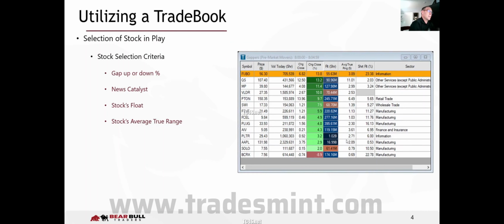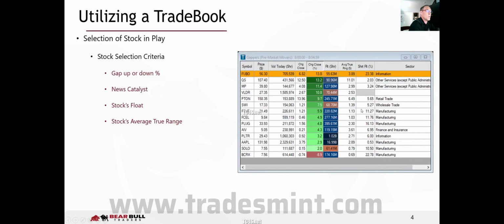What's important about this is that stocks that have a higher average true range typically are going to move a greater distance than stocks with, say, a 79 cent or a 0.69 cent average true range. They're just not going to move as much.